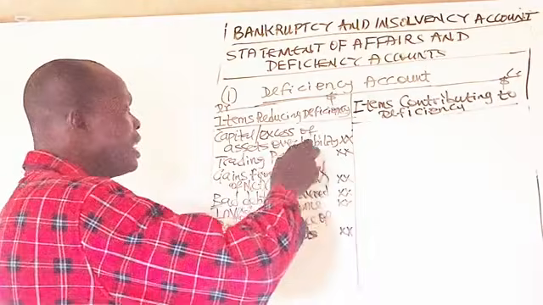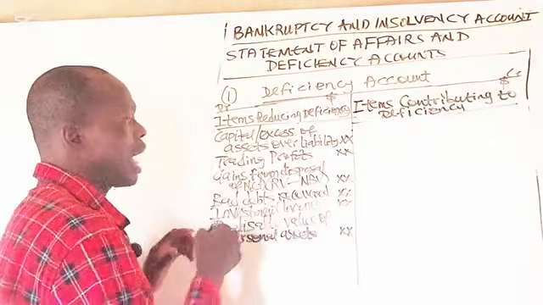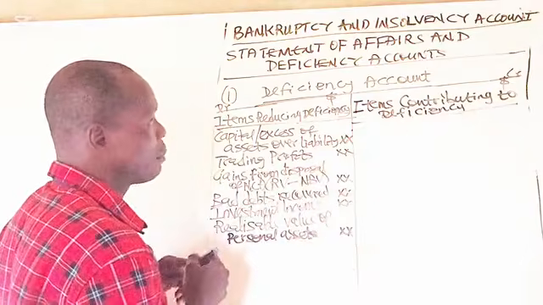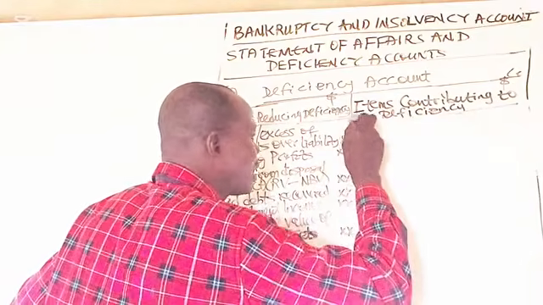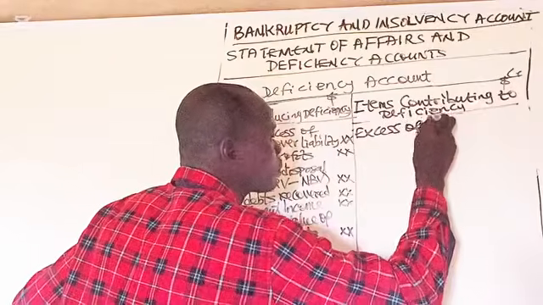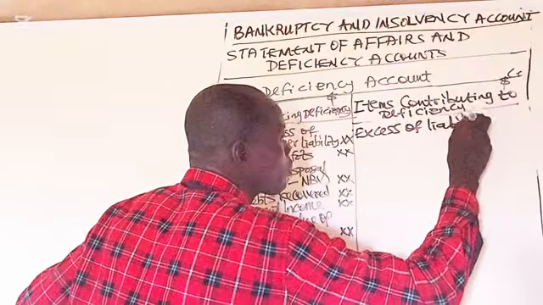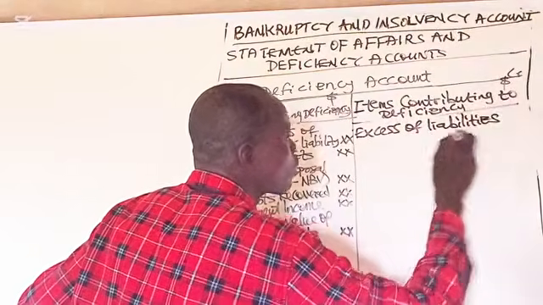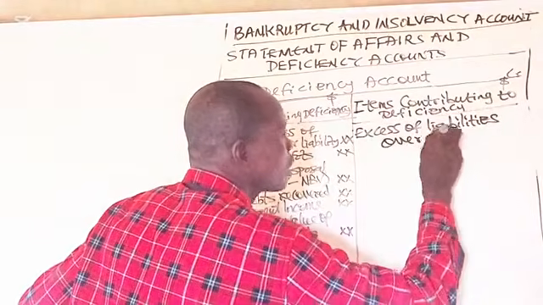Then if liabilities are greater than assets, that will contribute to deficiency. Excess of liabilities over assets.